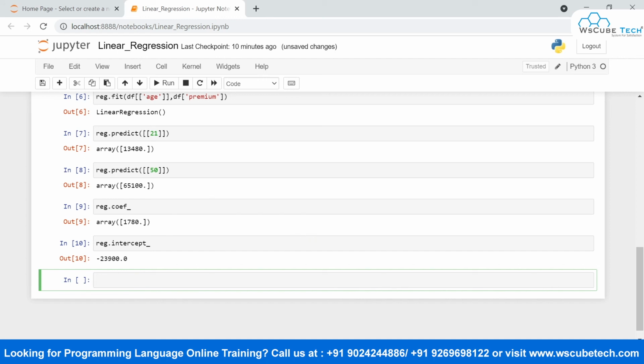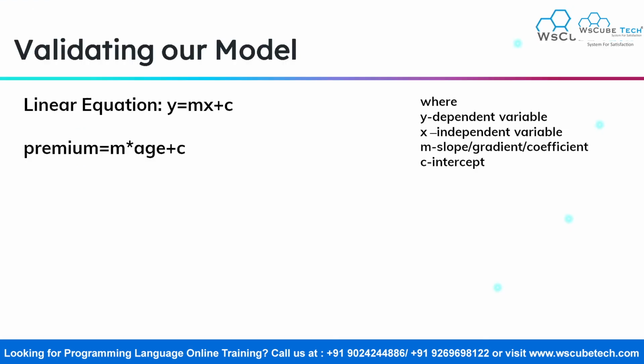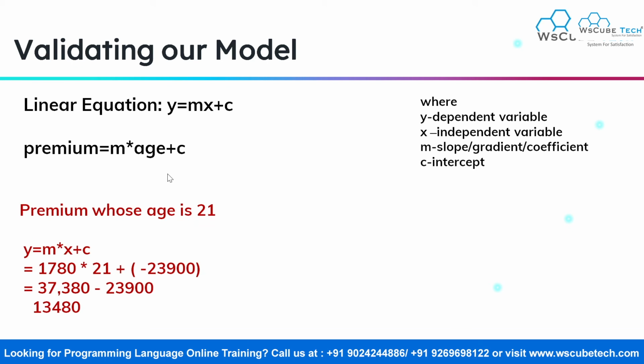Now we are going to validate our model. By this equation, y is equal to mx plus c, y is our premium. We need to calculate for the age of 21.